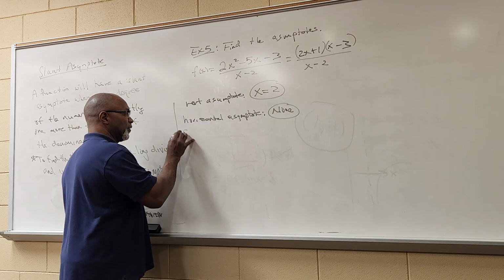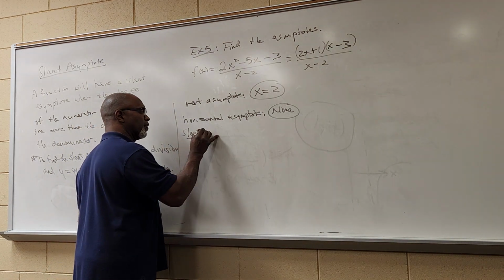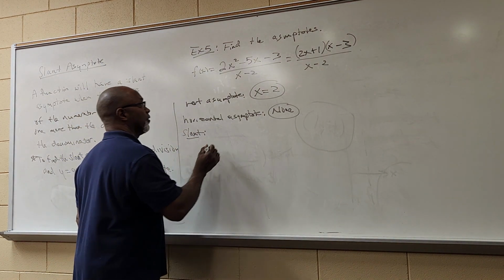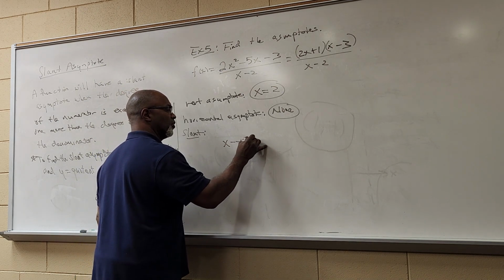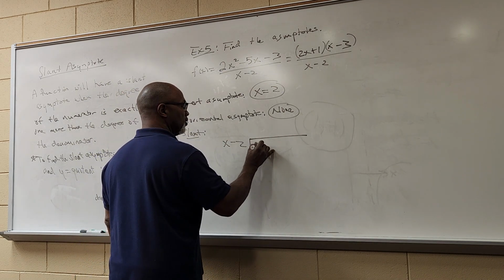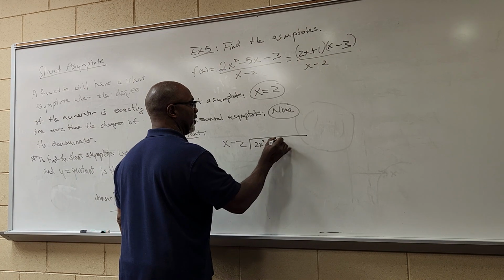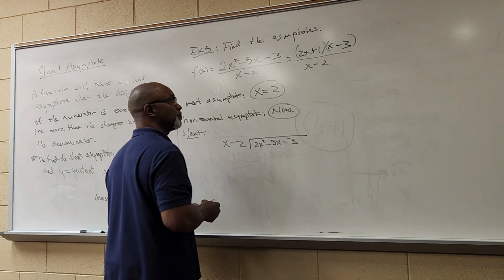So none. All I've got left is maybe there's a slant asymptote, and to figure it out, I've got to divide x minus 2 into 2x squared minus 5x minus 3.